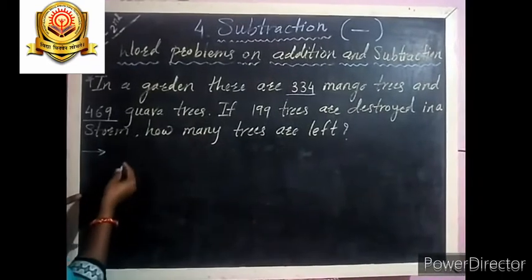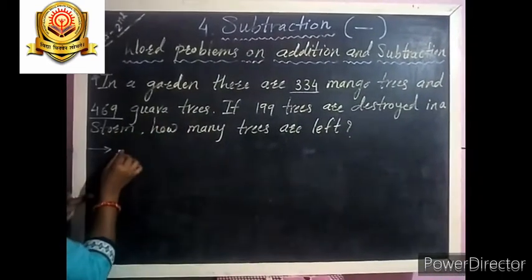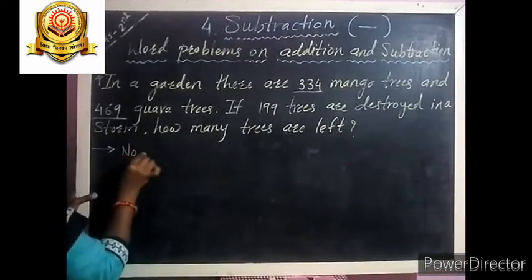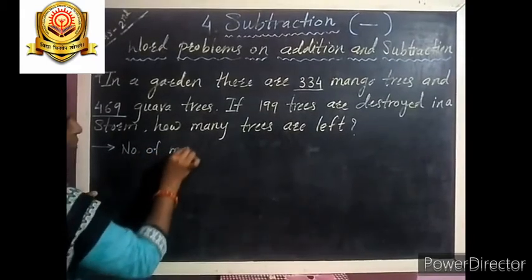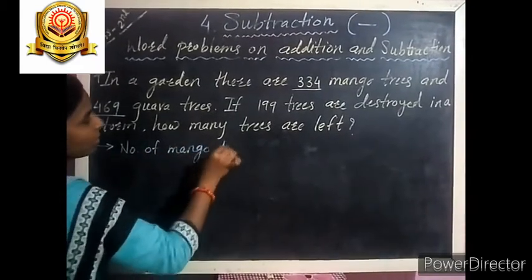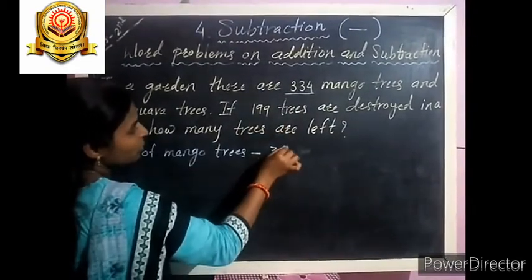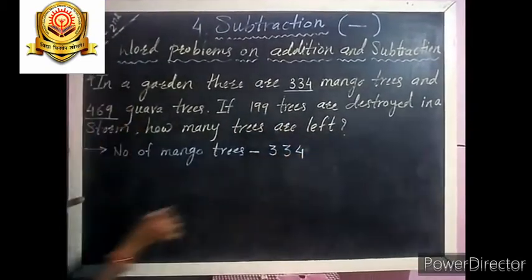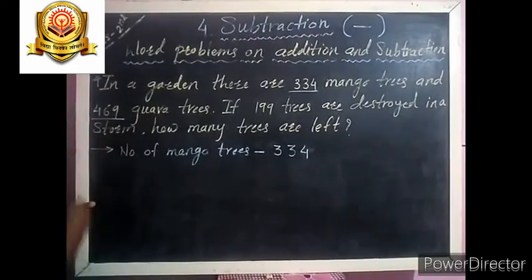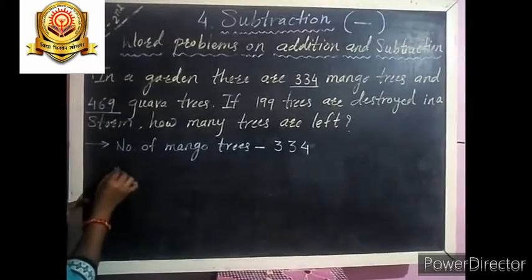So start. Number of mango trees. How many mango trees are there? 334. And how many guava trees are there? 469.